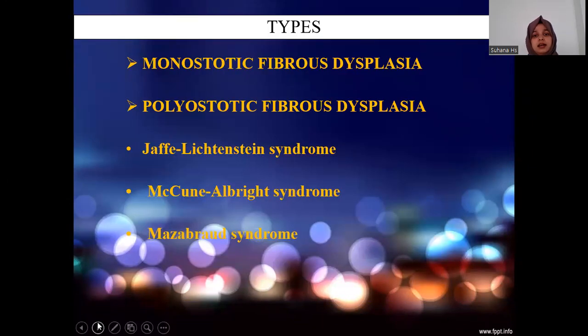Hence, the types of fibrous dysplasia include monostotic fibrous dysplasia and polyostotic fibrous dysplasia. In the polyostotic form, there are Jaffe-Lichtenstein syndrome, McCune-Albright syndrome, and Mazabraud syndrome also.